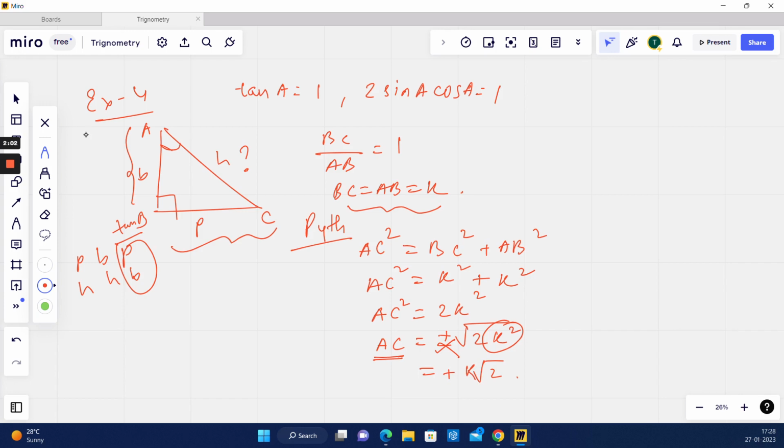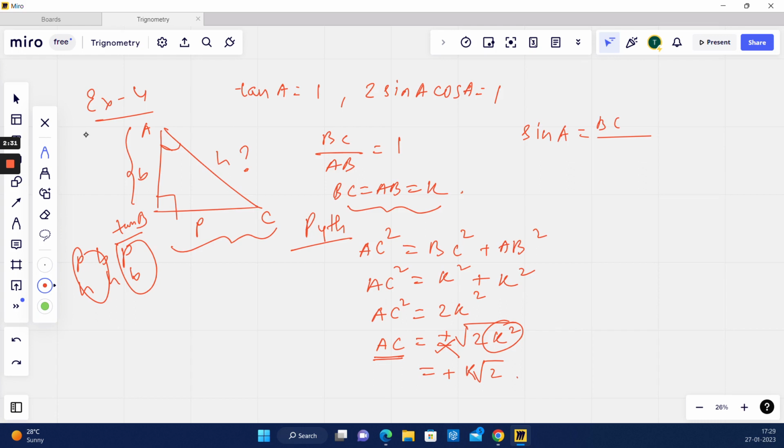So what is sine A? Sine A is perpendicular by hypotenuse. What is perpendicular? Perpendicular is BC. What is hypotenuse? Hypotenuse is K root 2, right? BC is equal to K. I'll just write it clearly.